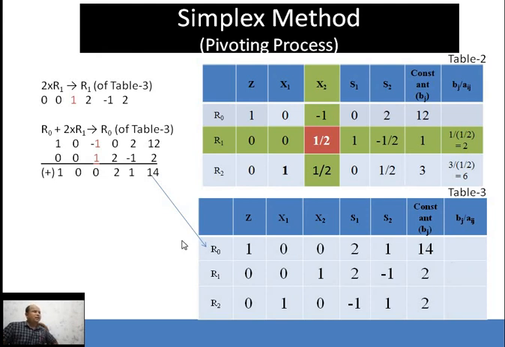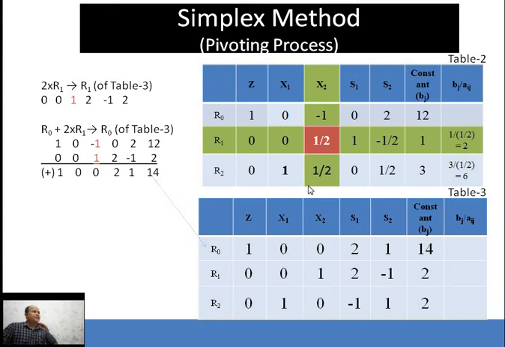Now come to the last row, that is R2. It is also half, it is also half. So there is no question, both are half. So simply deducting row 1 from row 2, the value of row 2 will become 0.